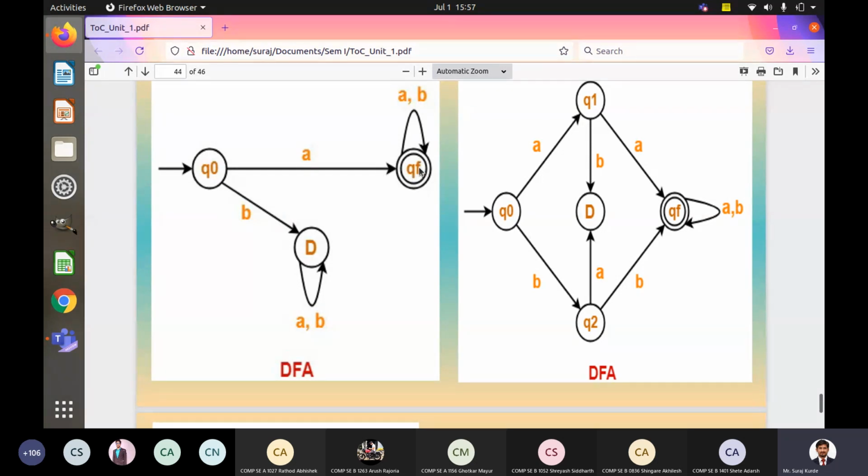It does not move to any other state. If the input is b, it goes to state D. Again, on QF also a self loop is there.